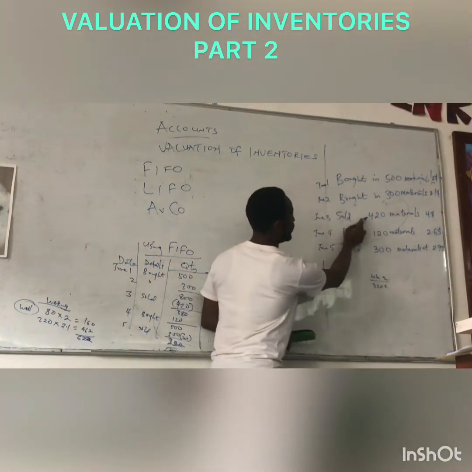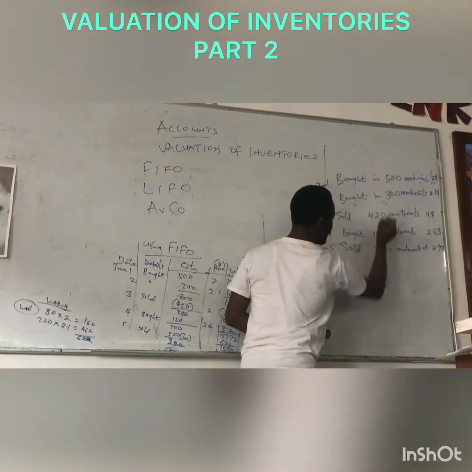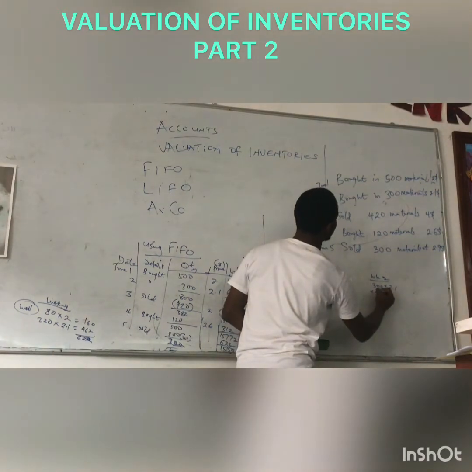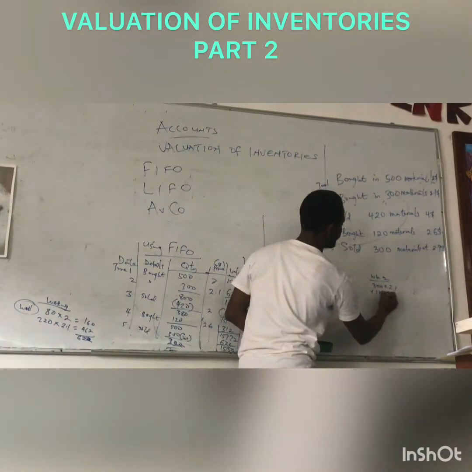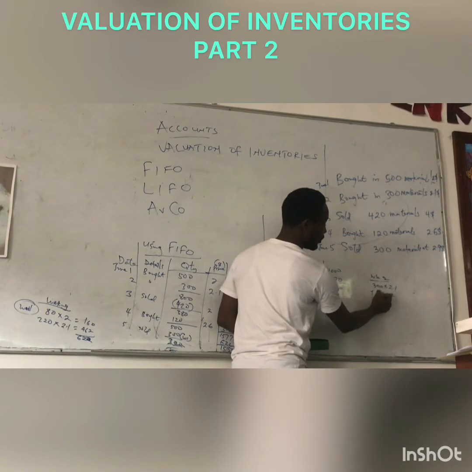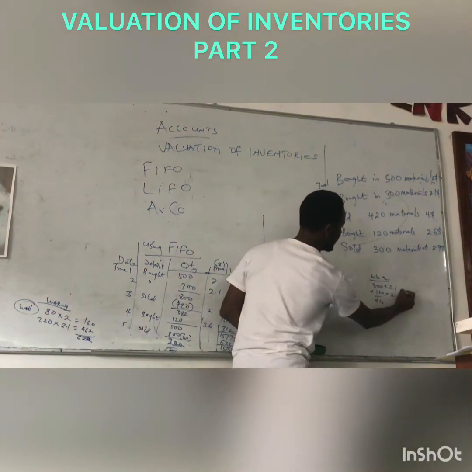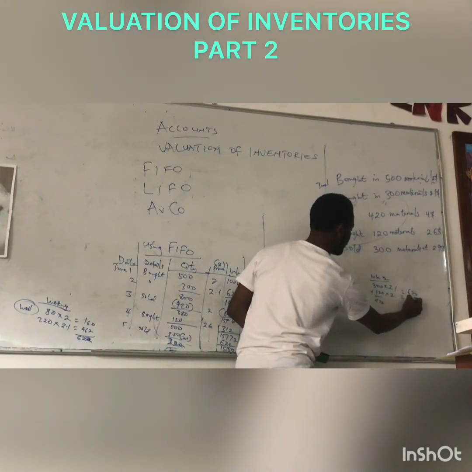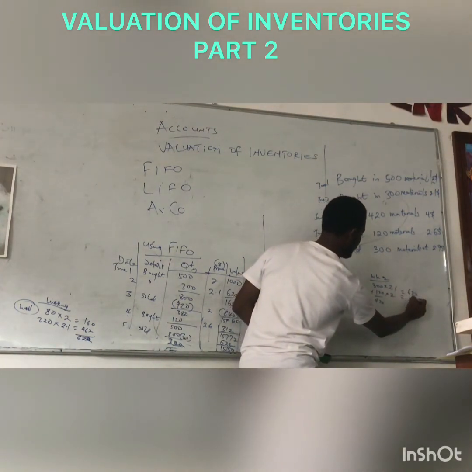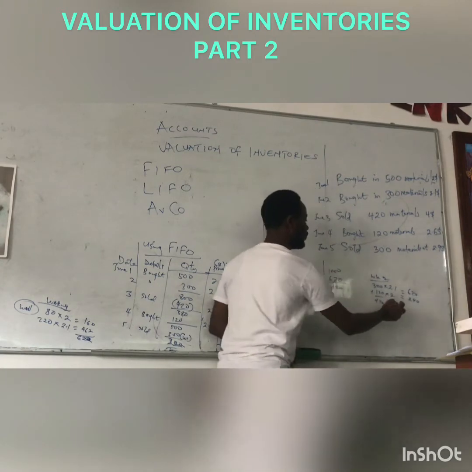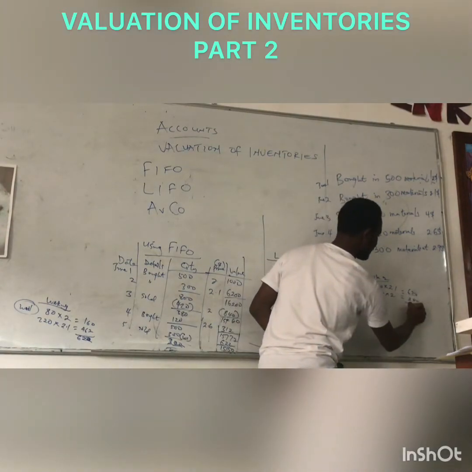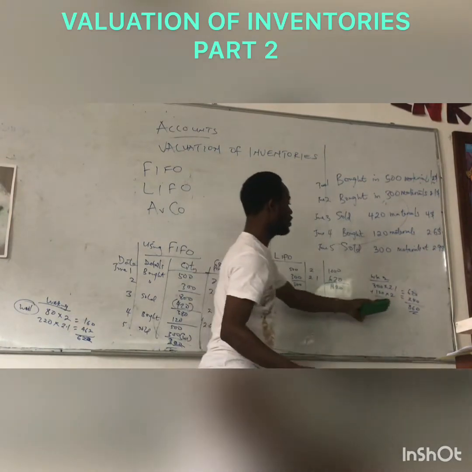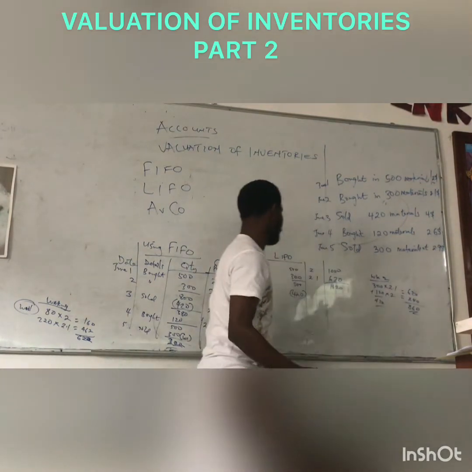For this 420, 300 will be taken first from here. 300 times 2.1 plus 120 times 2. 300 and 120 gives us the 420. And the value is 300 times 2.1 is 630... 120 times 2 is 240. So the addition of 240 and this is 860. So 860 is the cost of the 420 goods sold.